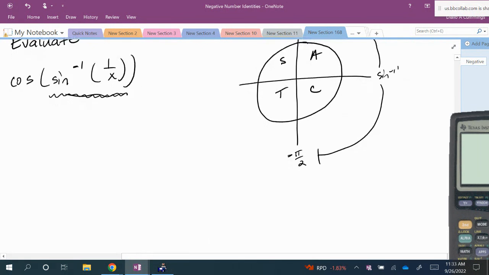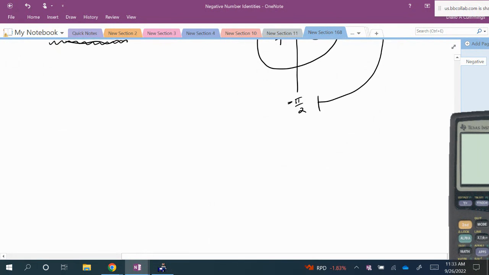So we're going to sketch that out in the first quadrant. This is our first quadrant, and I'm just going to arbitrarily draw a triangle. First I'm starting off by drawing an angle in the first quadrant.